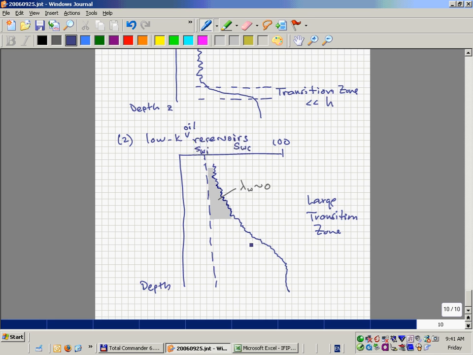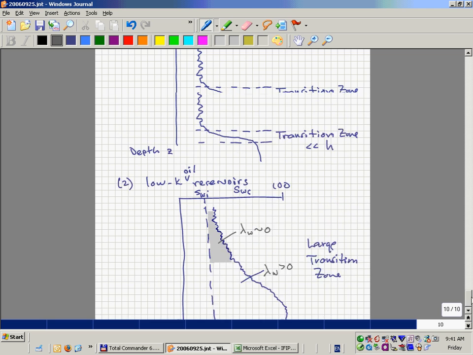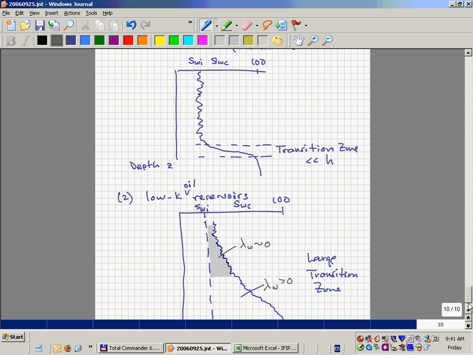Down here, the water mobility is enough to where it will produce in some amount. So obviously, if we look at the average water saturation in this case, a good average is right here.